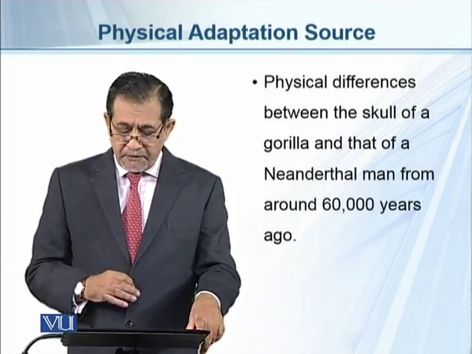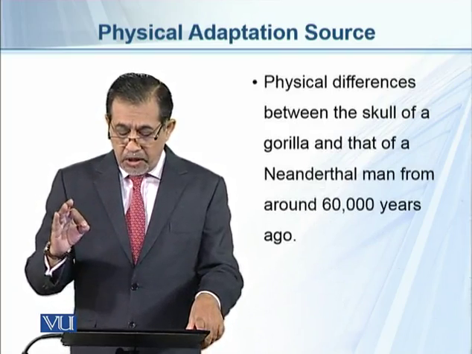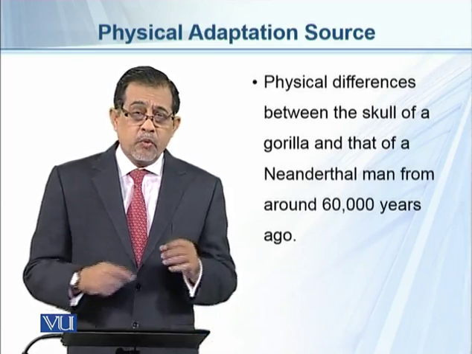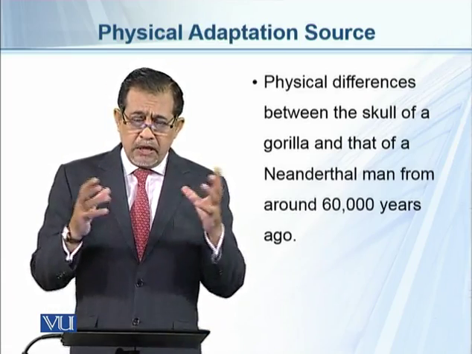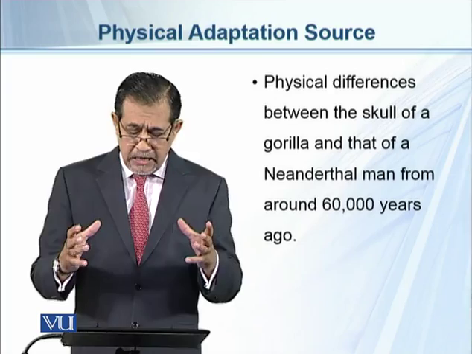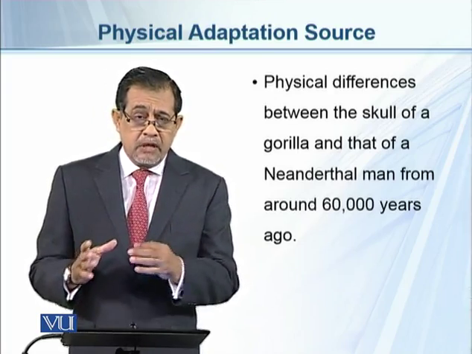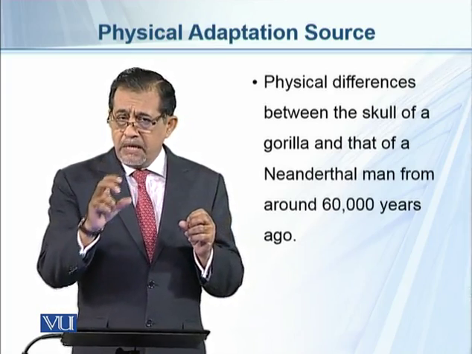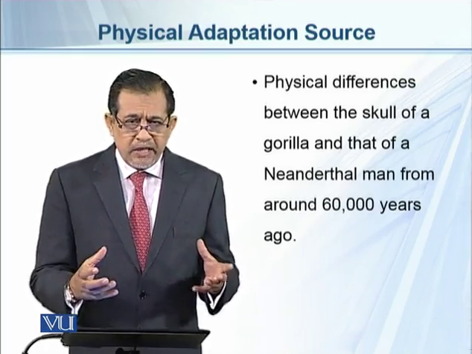Physical differences between the skull of a gorilla and that of a Neanderthal man from around 60,000 years ago. When we try to reconstruct language from the skull of a gorilla and a human being 60,000 years ago, we find that the human beings were only able to produce some sort of consonant sounds.